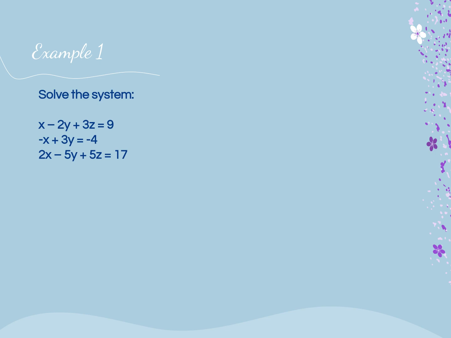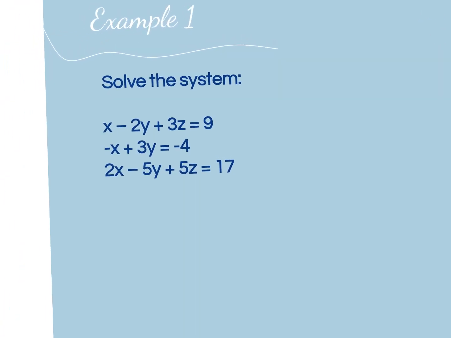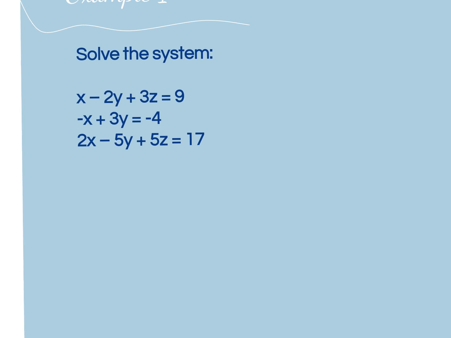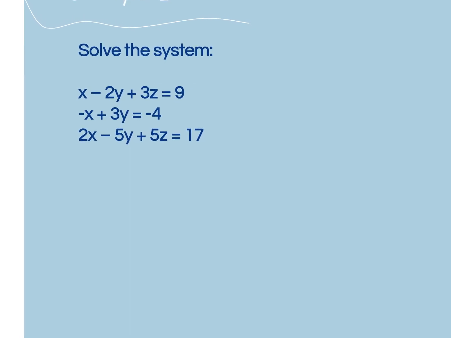So for this first system, most of the examples are going to have three equations with three variables. This one, the second equation, only has two. So that makes solving this system a little bit easier. My goal here is to usually add two equations at a time and eliminate the same variable from each.